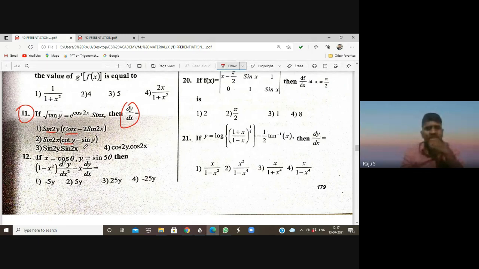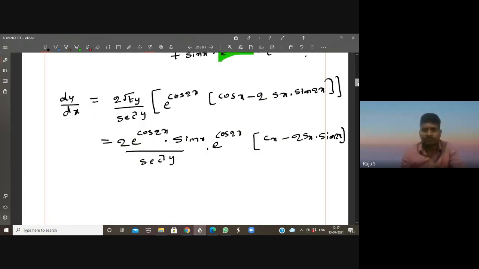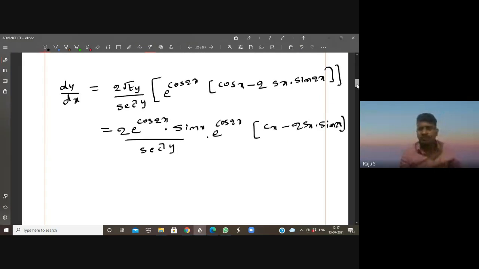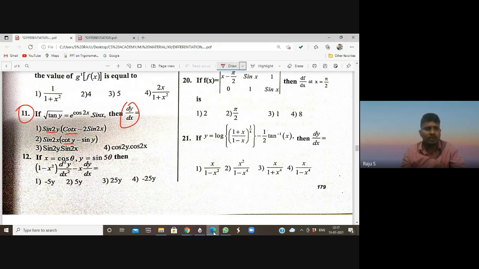Cot x cot y. Right. Which of the following options can we simplify here? Students, we got e power cos 2x. We don't have any e power cos 2x, so we might convert that.